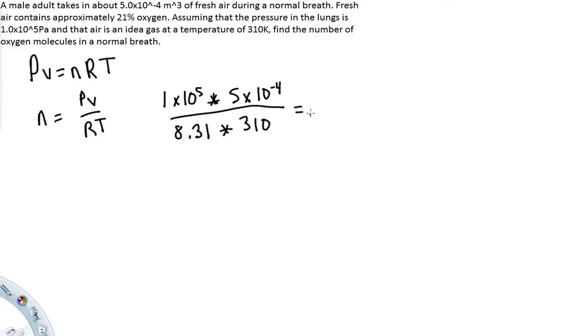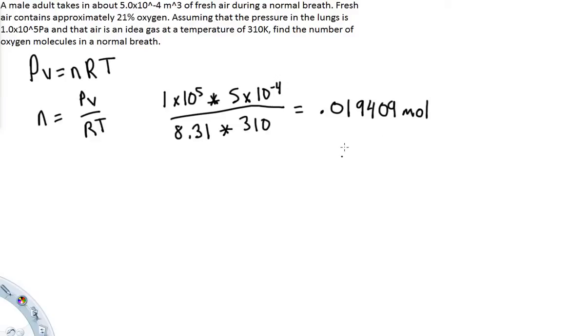When you work that out, you should get a number that will look like 0.019409 mole. So we don't even have a full mole here.